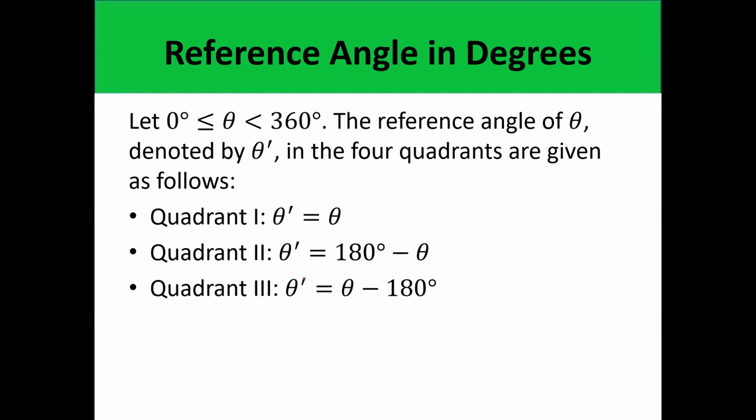In quadrant 3, theta prime is the given angle minus 180 degrees. And in quadrant 4, it is 360 degrees minus the given angle. In case the angle theta is not inside this interval, then we need to get an angle that is coterminal with theta, to ensure that the angle is inside 0 to 360 degrees.